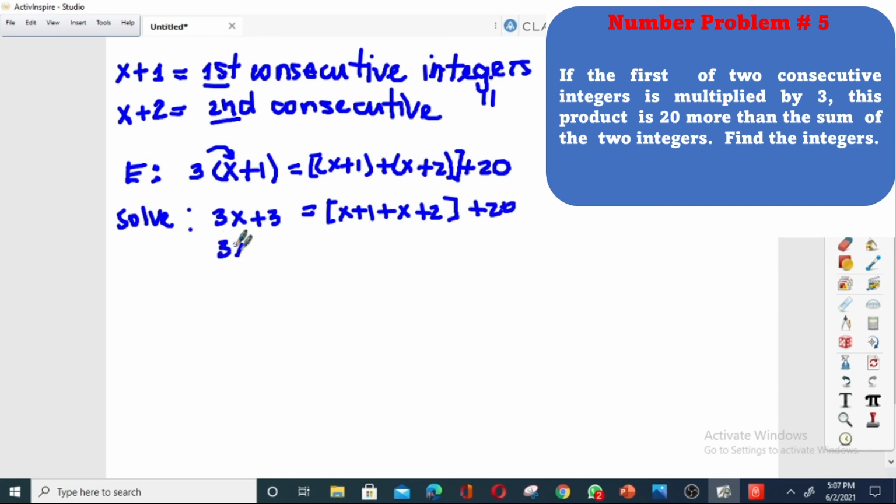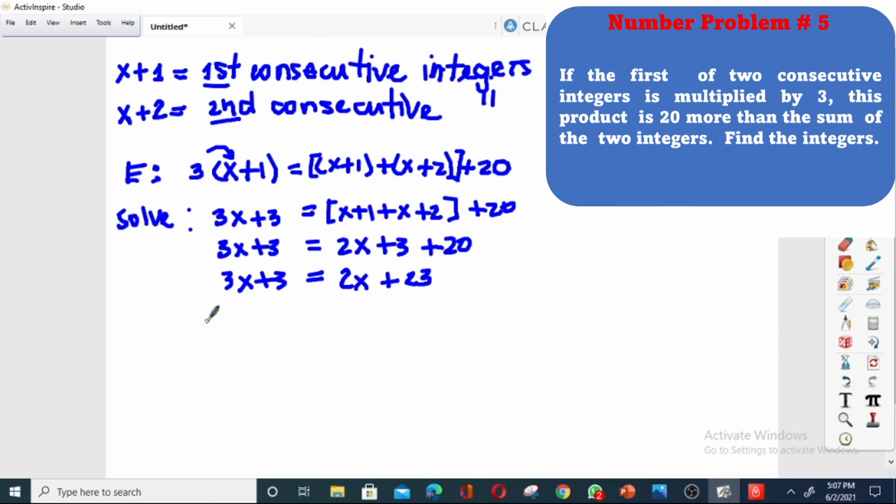So this is 3x plus 3 is equal to x, so this is 2x plus 3 plus 20. Okay, so 3x plus 3 is equal to 2x plus 23. 20 plus 3 is 23.